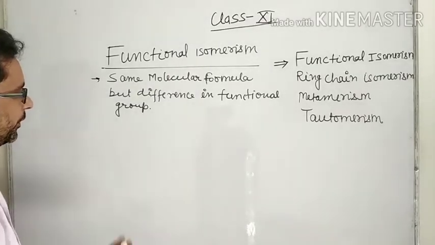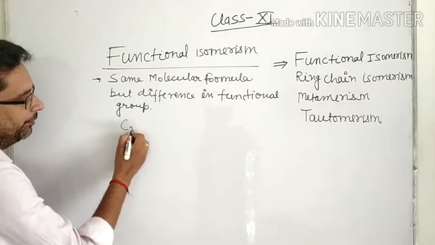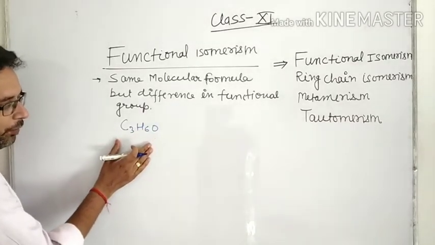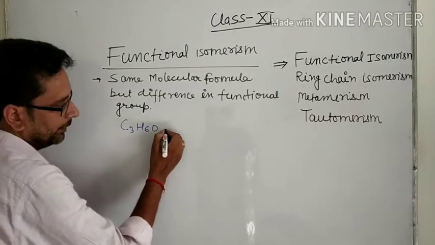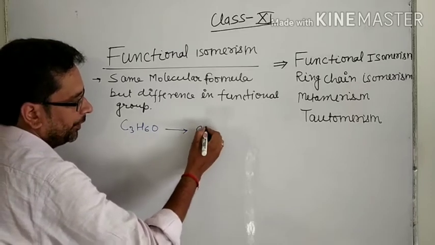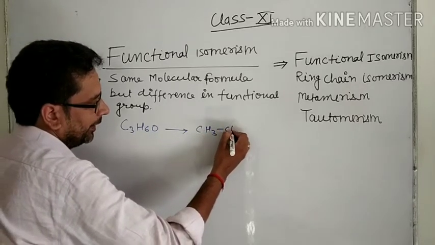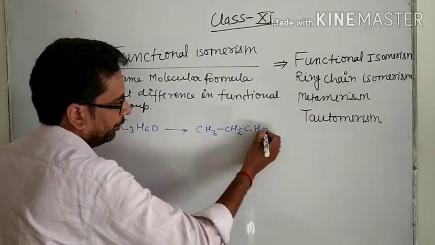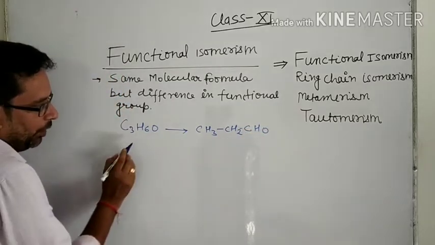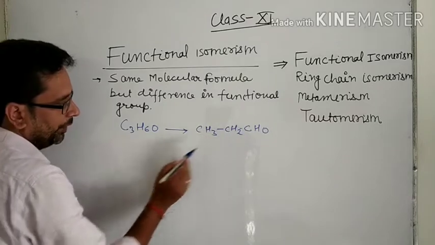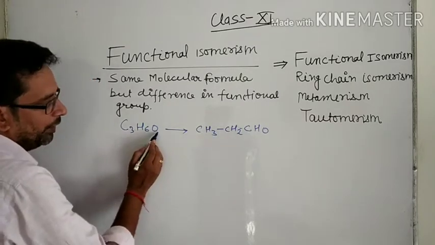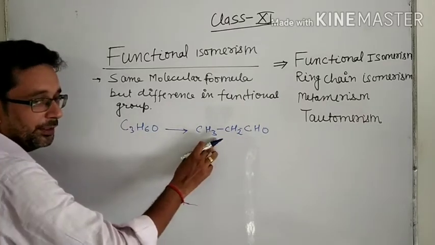Now example, look here, C3H6O. This compound can be written as CH3CH2CHO. Count the total number of carbon: 1, 2, 3; hydrogen: 3 plus 2 is 5, plus 1 is 6; 1 oxygen, so the structure is correct.